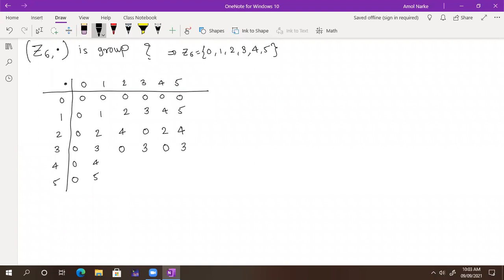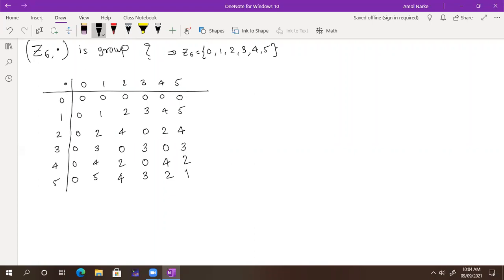Here, 4 2s are 8, 8 is congruent to 2. 4 3s are 12, 12 is 0. 4 4s are 16, so 4. 4 5s are 20, which is 2. 5 3s are 15, 15 is nothing but 3. 5 4s are 20, nothing but 2. 5 5s are 25, nothing but 1. Am I correct? Yes, sir.